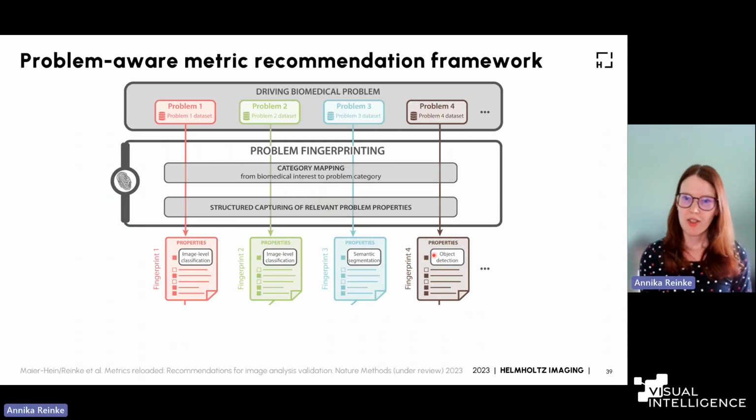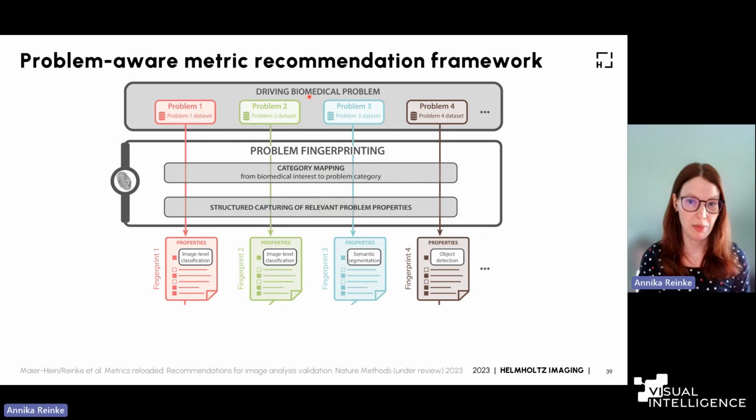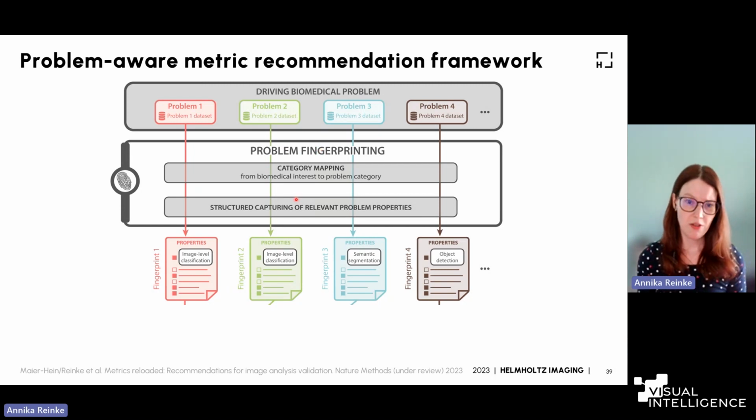So generally, to give an overview of how this works, we're really starting from the problem. Here we call it biomedical problem, but it's basically also beyond biomedical. So generally, we start with a research question that we're interested in. We do what we call problem fingerprinting, which I will explain in a minute. So we're capturing all the relevant properties of our problem.